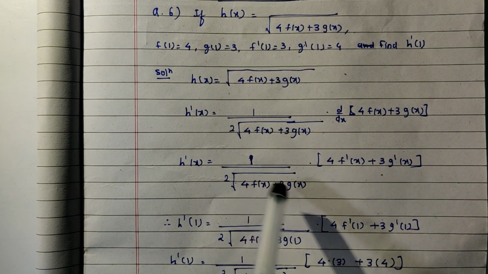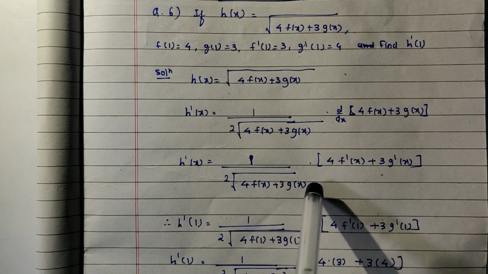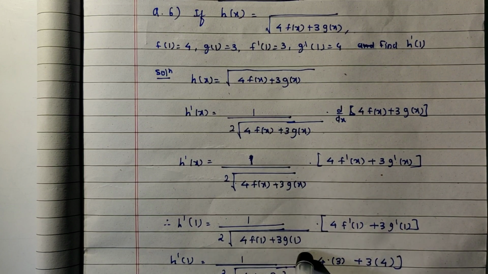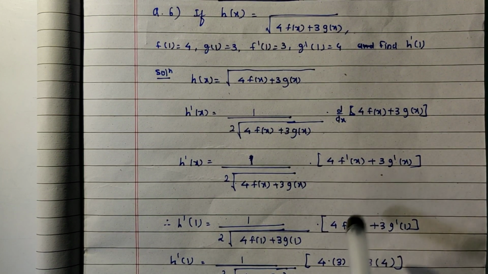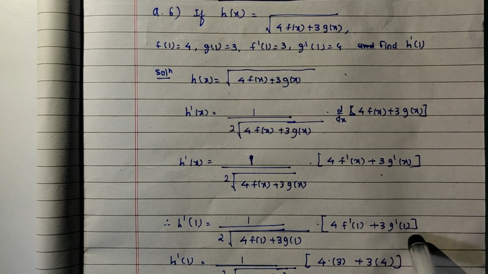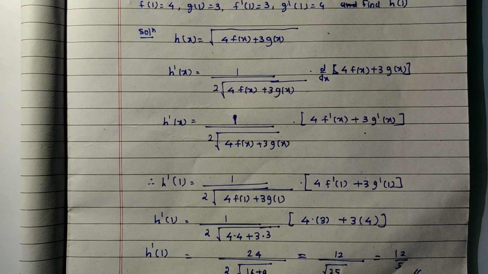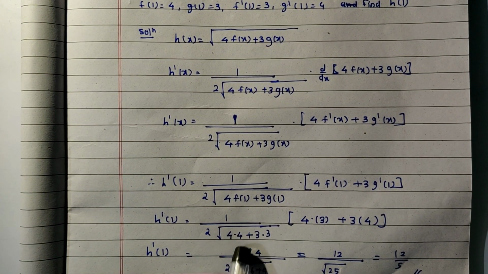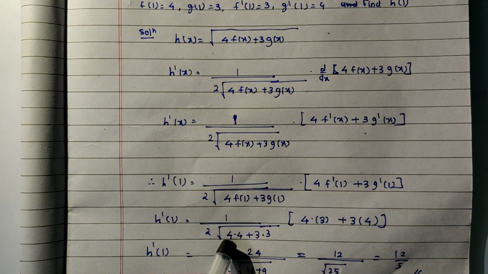So 4 into f of 1 plus 3 into g of 1, into 4 f dash of 1 plus 3 g dash of 1. So the values are given here. f of 1 is equal to 4. This is given.